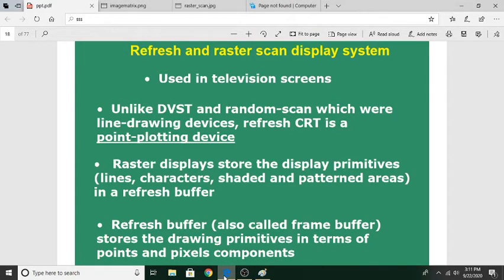So let's just recapitulate all the things that we've done. In my first class we talked about what computer graphics is and what the different applications of computer graphics are. Then we talked about the difference between computer graphics, image processing, and multimedia.